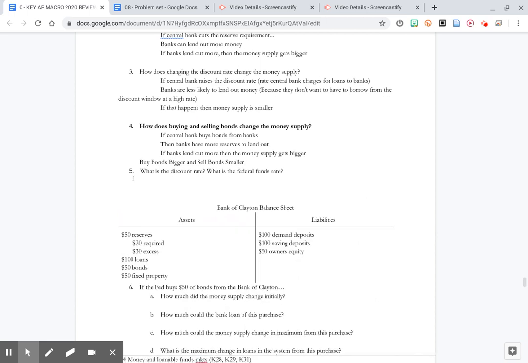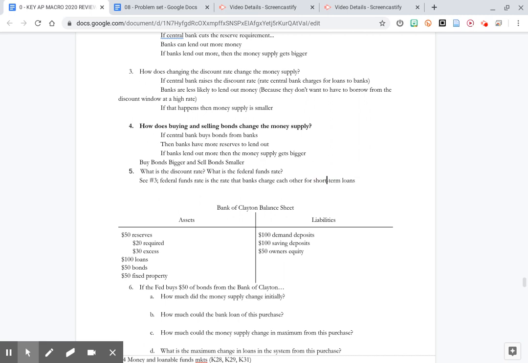Now, we've already defined the discount rate already. And then the federal funds rate is another type of interest rate to be aware of. It's the rate that banks charge each other for short-term loans.